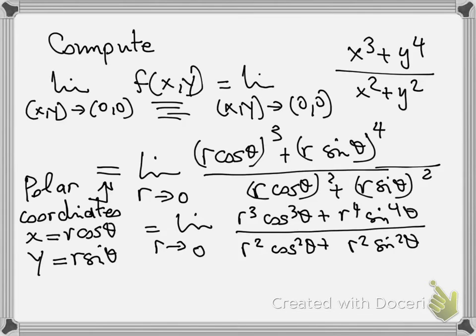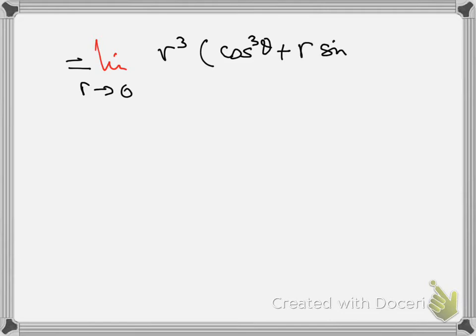Here in the top you can factor out r cubed, since this is r cubed and this is r to the 4. So the limit as r goes to 0 has r cubed in the top, times cosine cubed of theta plus r sine to the 4 theta.